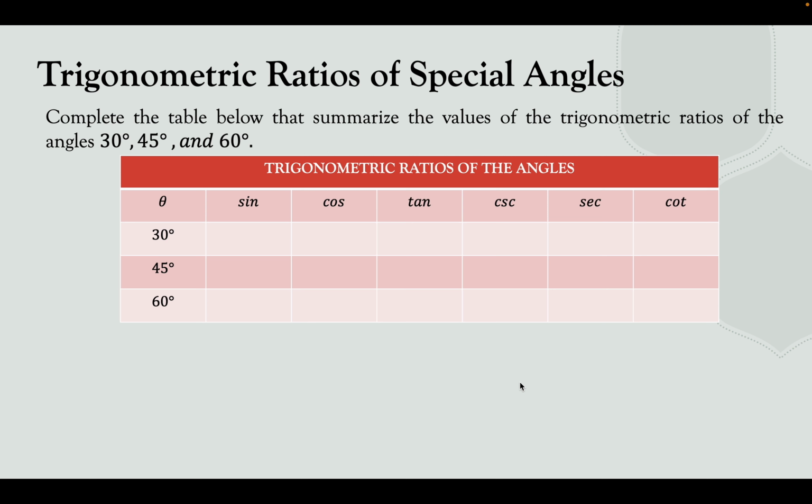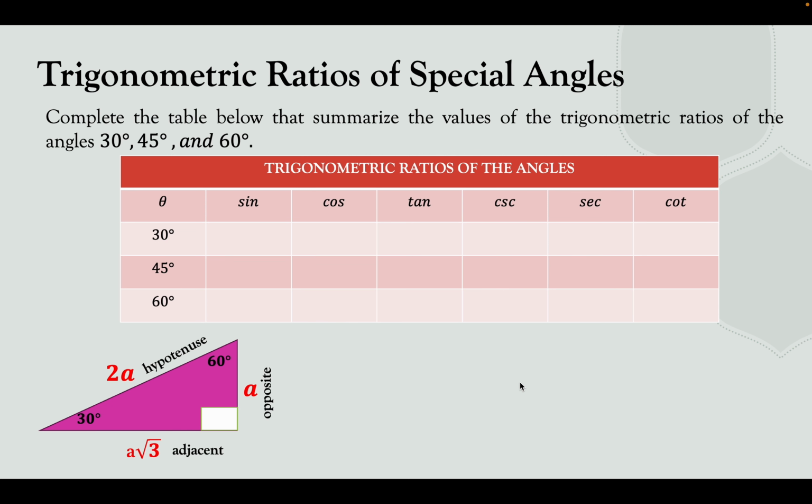How to accomplish this? We will use the special right triangle theorems. Let's focus first on the 30 degrees. We will find the values of sine 30 degrees, cosine 30 degrees, tangent 30 degrees, cosecant 30 degrees, secant 30 degrees, and cotangent 30 degrees using the 30-60-90 right triangle theorem.